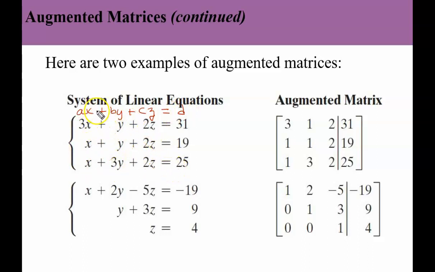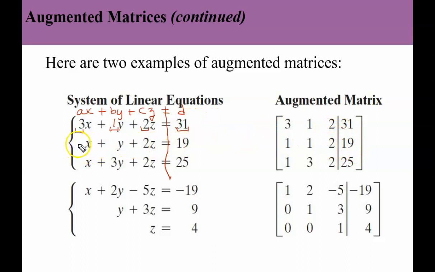This is the system of linear equations, and this one, of course, is in 3 variables. Modifying this to its matrix form, we then take just the coefficients, the 3, the 1, the 2, and the 31, and put them in the matrix form, where this vertical line is equivalent to the equal signs here.